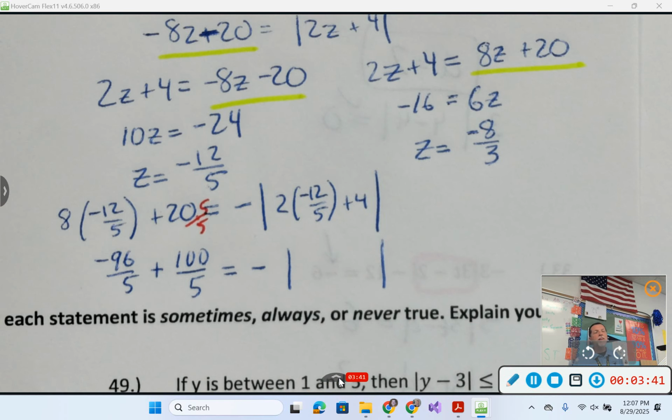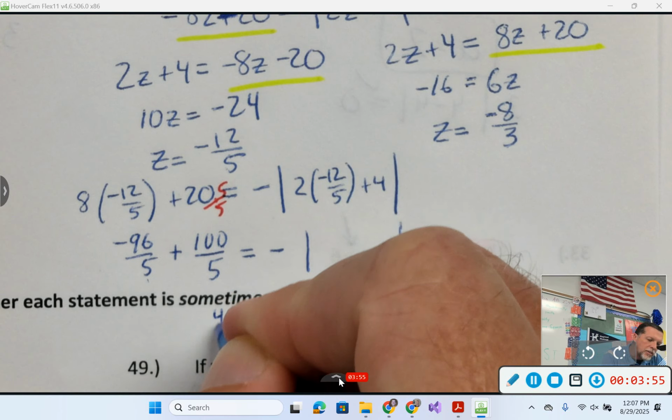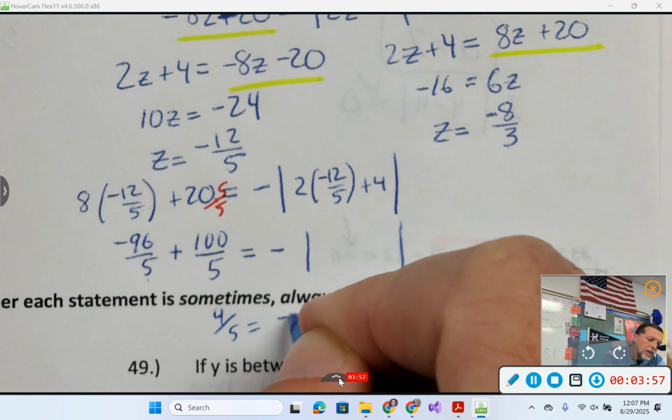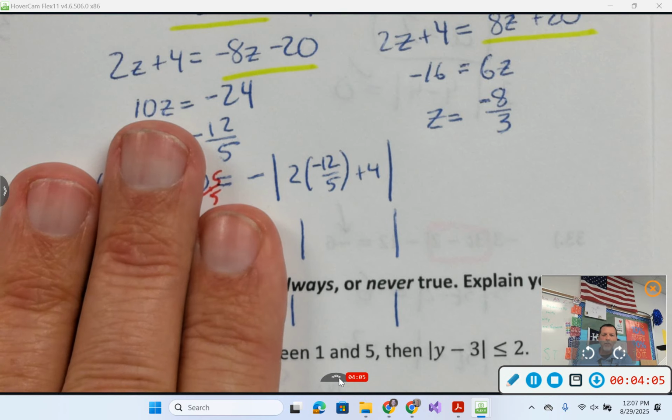And I'm out of space, but again, in math, we want you to have your brain turned on. We don't want you to memorize a process that you use every time. We want you to understand what's going on. Negative 96 plus 100 is going to be positive 4 fifths. And on the other side, I have negative absolute value. What kind of number is absolute value always going to give me?